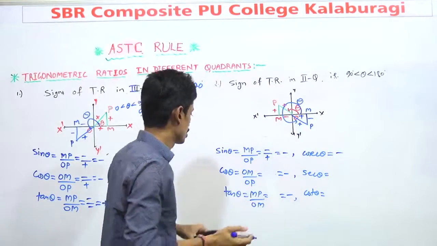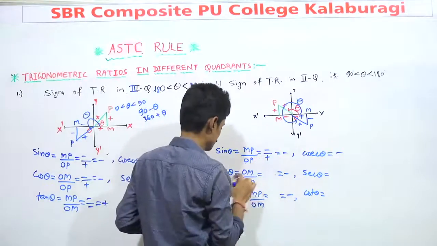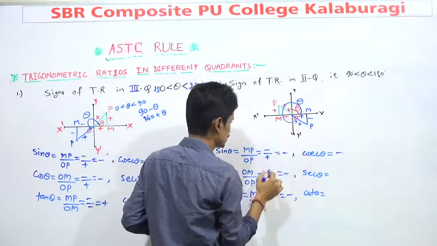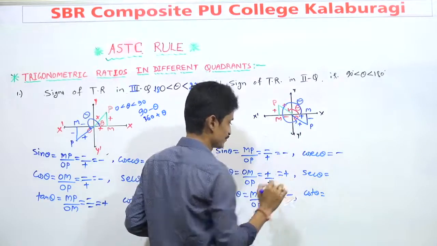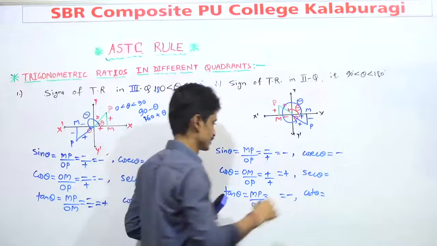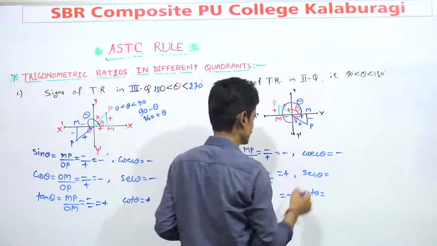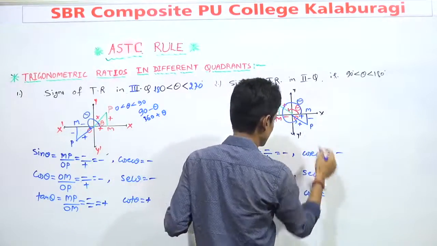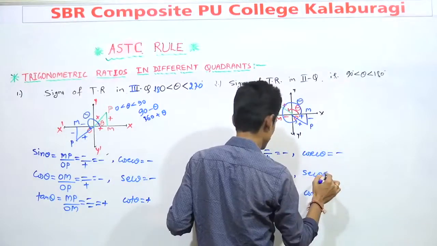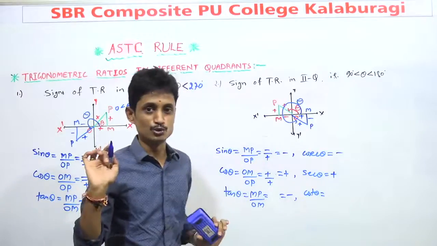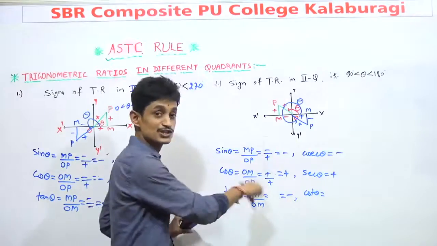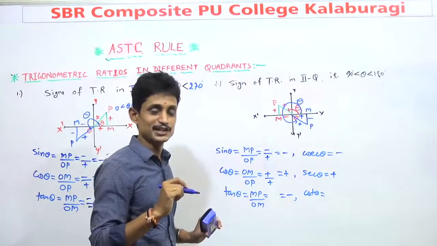Now go for cos. Cos is OM, a positive quantity, over OP, also a positive quantity, finally a positive quantity. Secant theta is the reciprocal of cos. Cos is positive means secant is also positive, no doubt about that, just interchanging numerator and denominator.